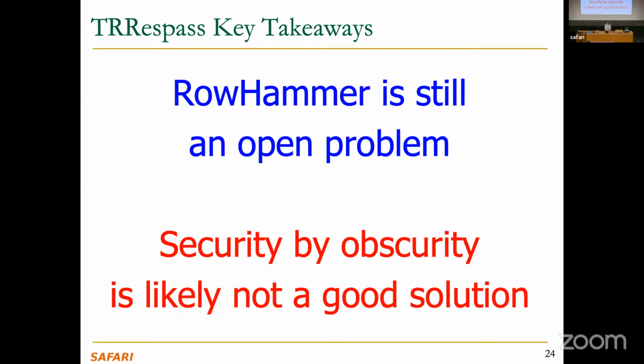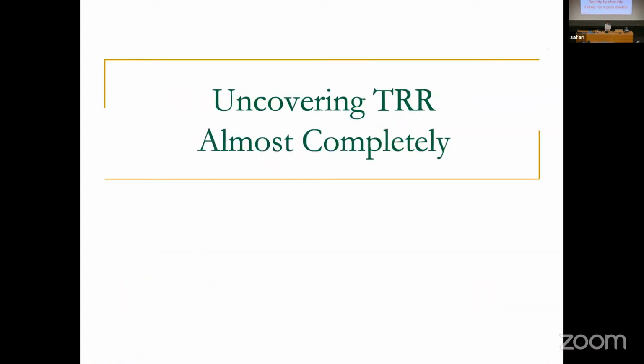So key takeaways are, first, RowHammer is still an open problem, and security by obscurity is likely not a good solution because we didn't know the details of the mechanism, but by devising some attack patterns, we were able to bypass it.